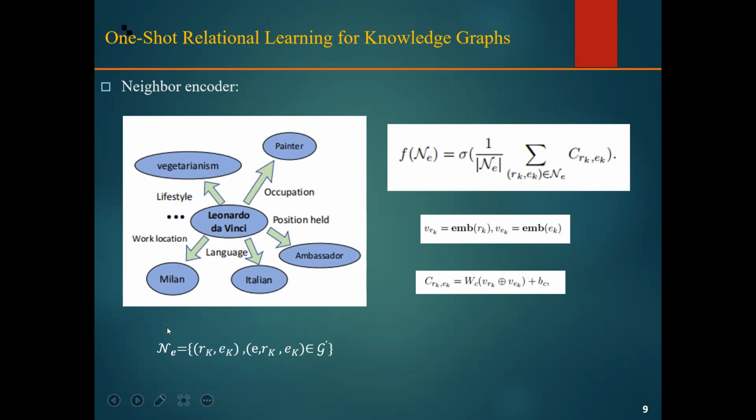For any entity, for example Leonardo da Vinci, we define its neighbor set as its relations and the entities in its local structure, all of which belong to our knowledge graph. This is the purpose of the neighbor encoder.